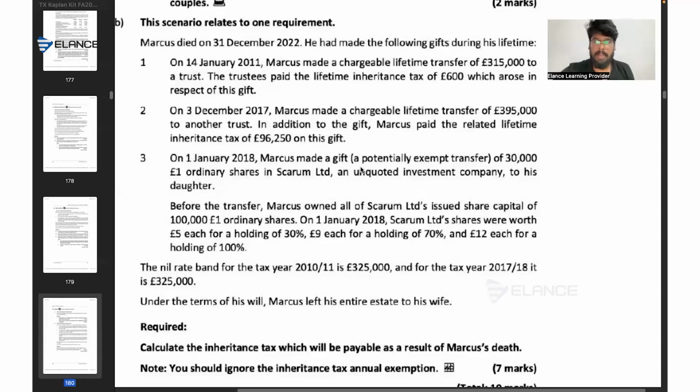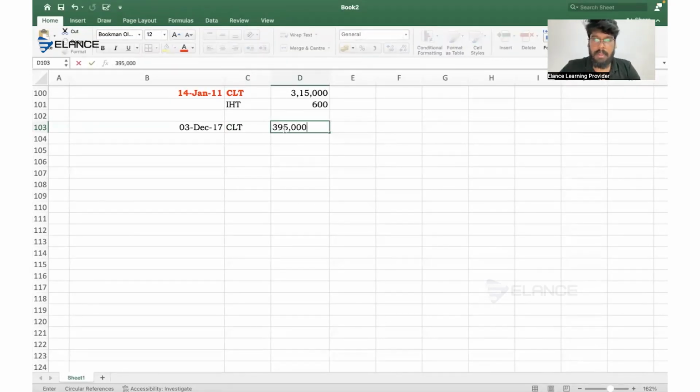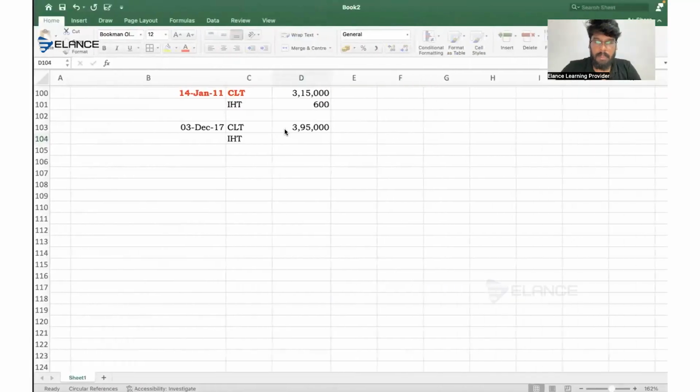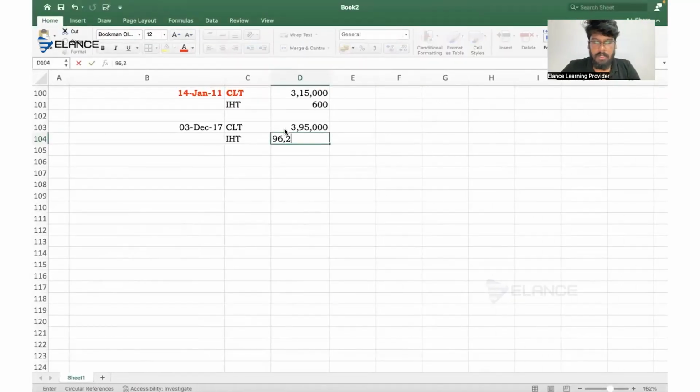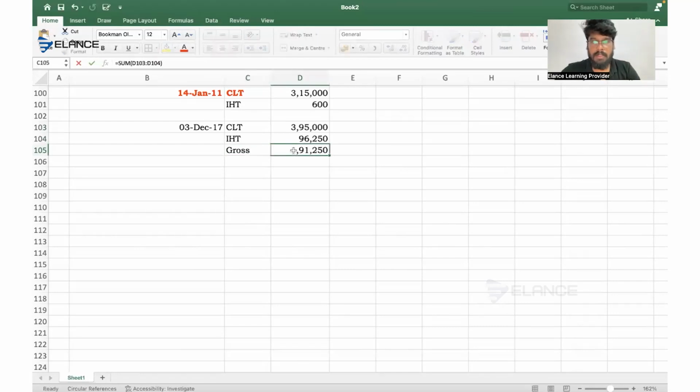So in 2017, the asset value was 395,000. It was also a CLT. The amount was 395,000, and the IHT paid by the donor is 96,250. So the gross amount of this transfer was 491,250.